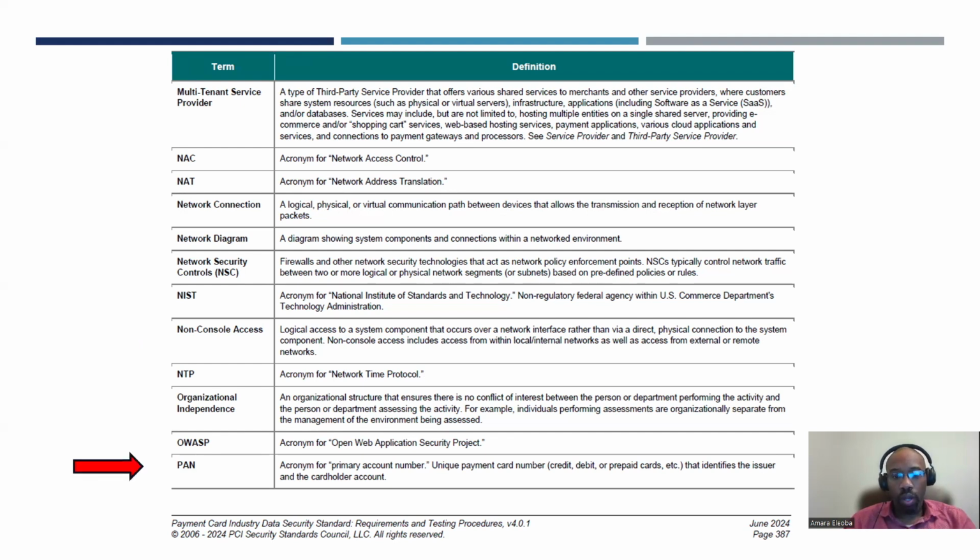PAN, we've talked about this, all it's talking about is the primary account number. All I can say is that it's your 16-digit number in front of your card. It can be a credit card, a debit card, or also a prepaid card. Those numbers in front of it are called a primary account number.